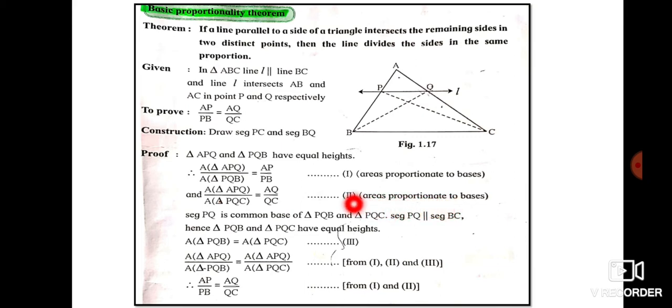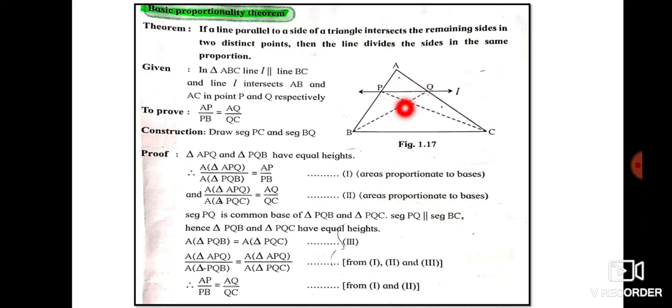Now let us take the next pair of triangles, that is triangles PQB and PQC. If you look at these two triangles, PQ is a common base. And another thing about this pair is they lie between the two parallel lines.